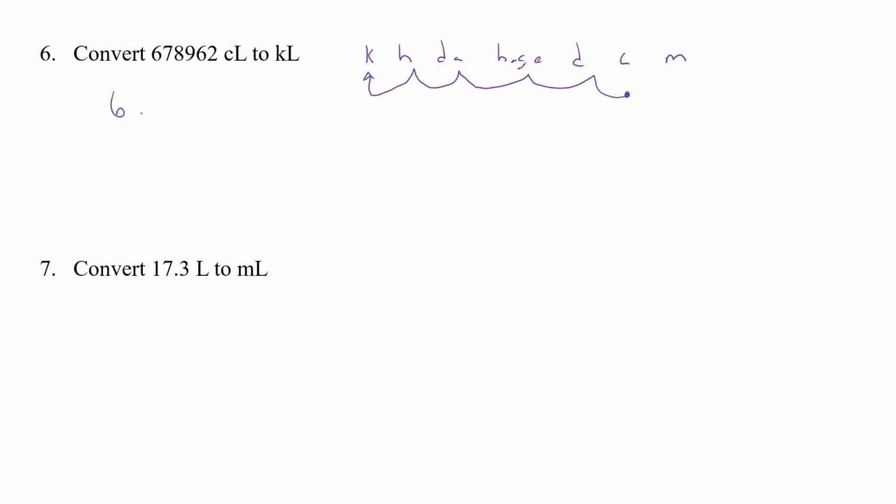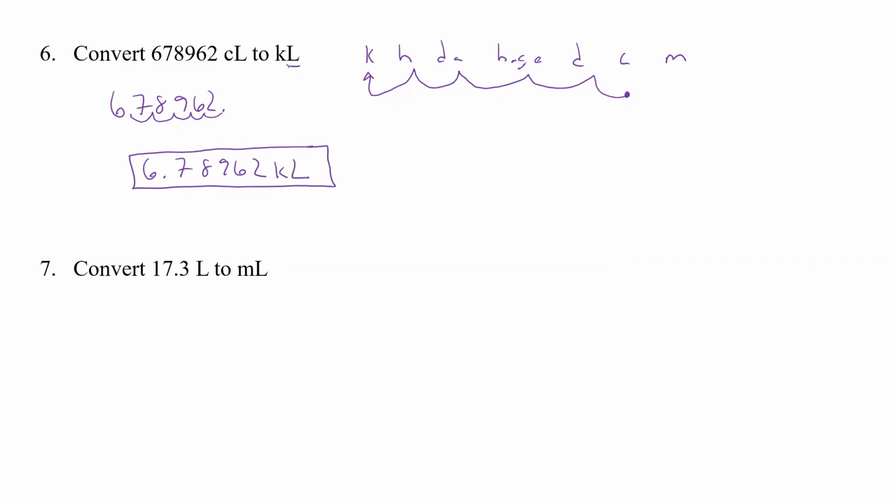So we start with 6, 7, 8, 9, 6, 2, and we want to move 1, 2, 3, 4, 5 spaces to the left. So that's going to give us 6.78962 kiloliters.